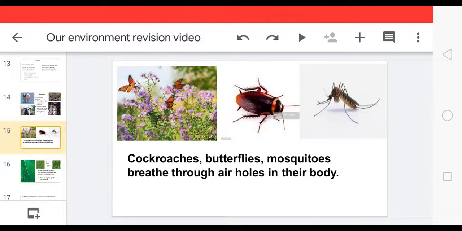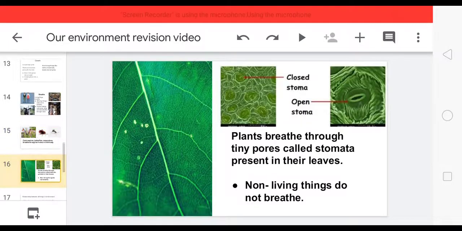See, some animals like insects, cockroaches, butterflies, and mosquitoes breathe through air holes in their body. Insects have a special organ for breathing, that is air holes. And plants breathe through tiny pores called stomata present in their leaves.